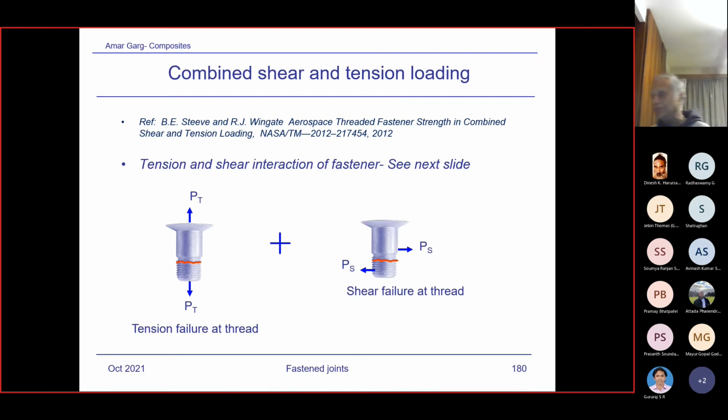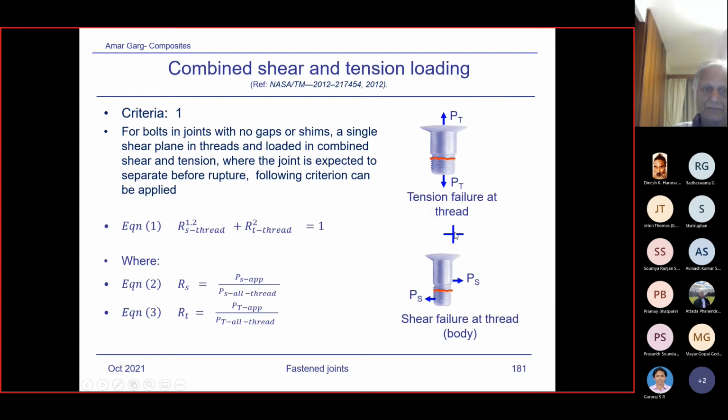In case when you have shear and tension both, then you have to use the interaction. So in order to consider interaction, I've used some interaction equation. There are many different equations available depending upon the scenario. For the interaction, I've considered this method.